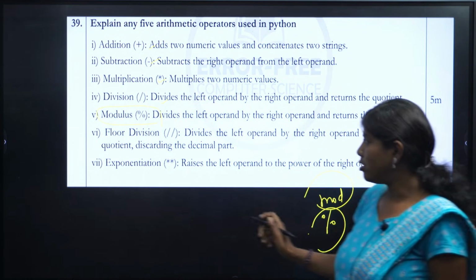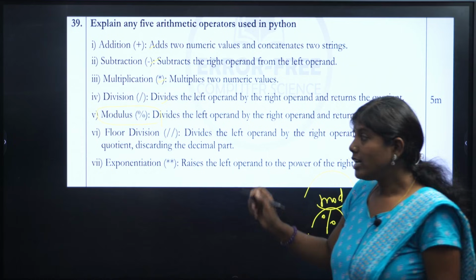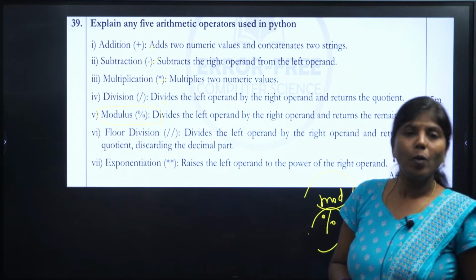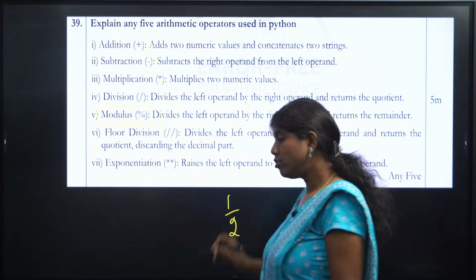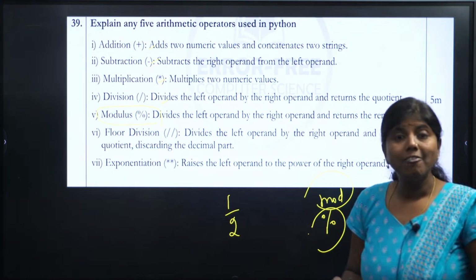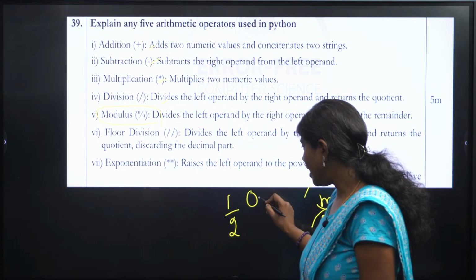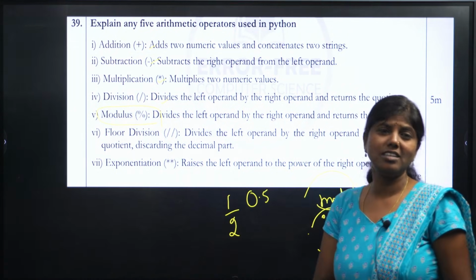Whenever you divide one number by the other, that gives you the remainder. That's very, very important. Floor division. Floor division means what? Very simple. It gives you the integer part of the number. For example, 1 by 2 gives you what? 0.5. Ma'am, what is the big deal in that?